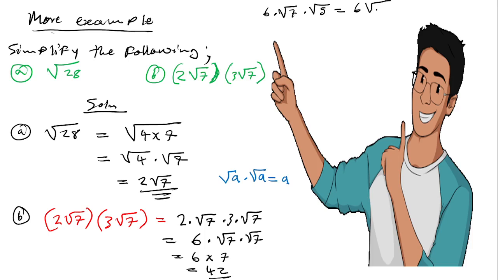So this is the same as open bracket square root 5 plus square root 2 close bracket, open bracket square root 5 plus square root 2 close bracket. After that, you can simply multiply square root 5 by that, which is square root 5 plus square root 2 close bracket.